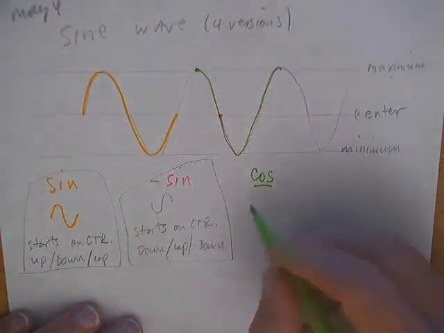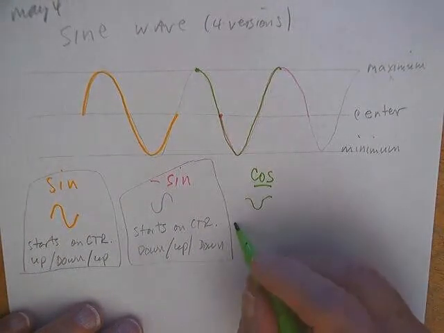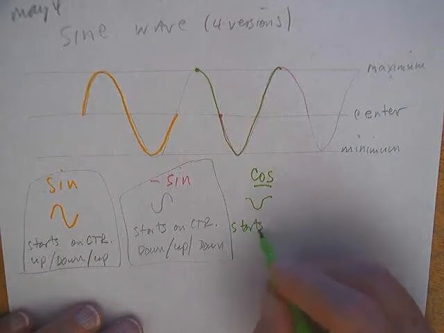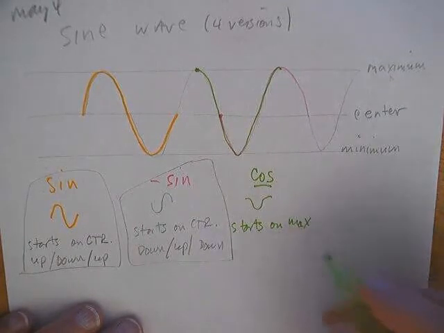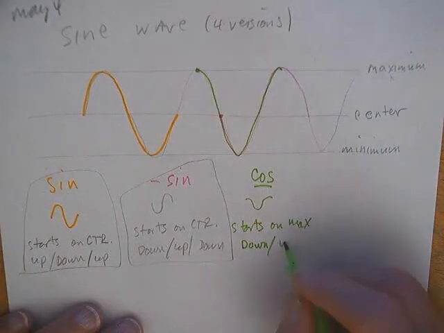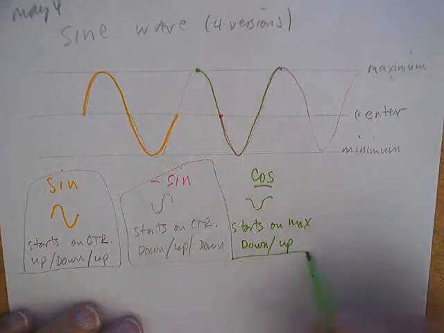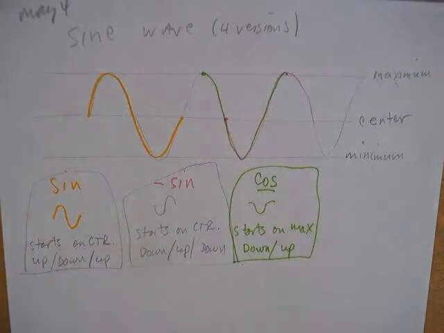There's the cosine wave right there. It looks like this. Okay, it starts on the max line and goes down and up. There's the cosine. Yippee skippy.